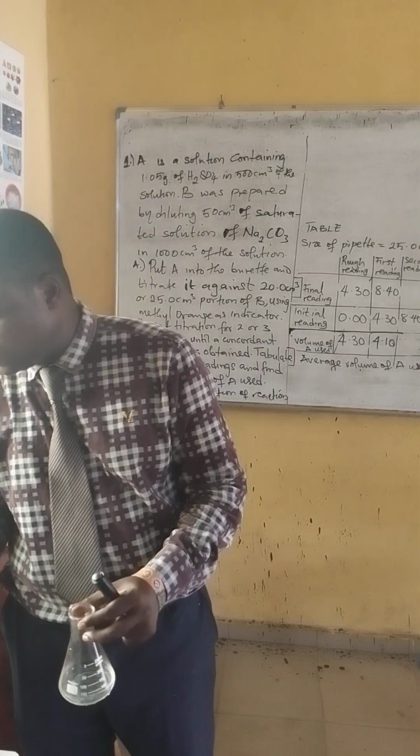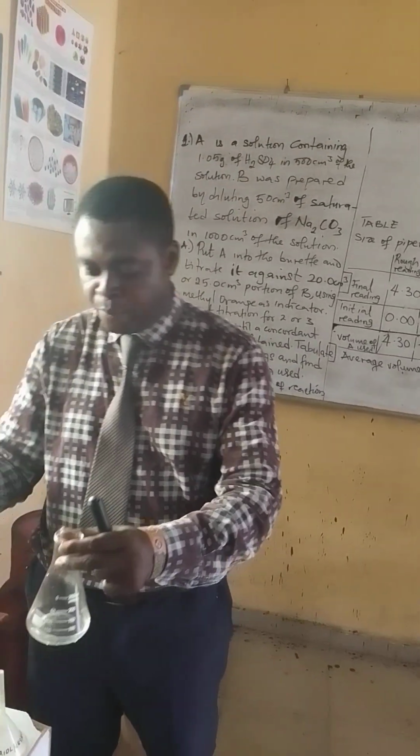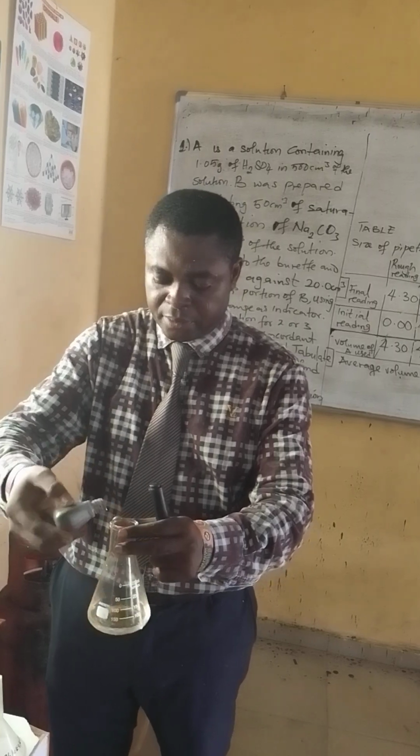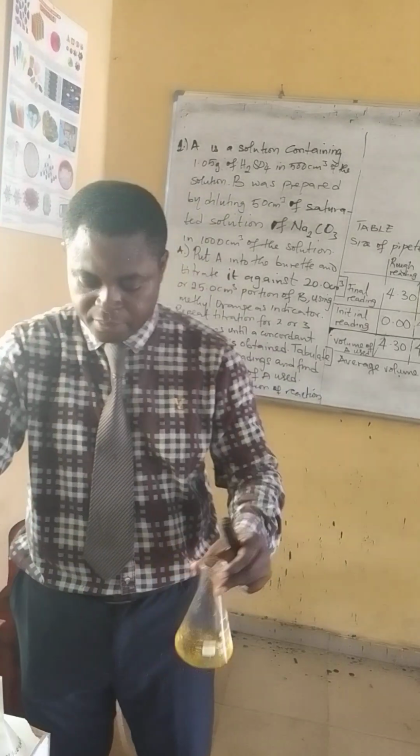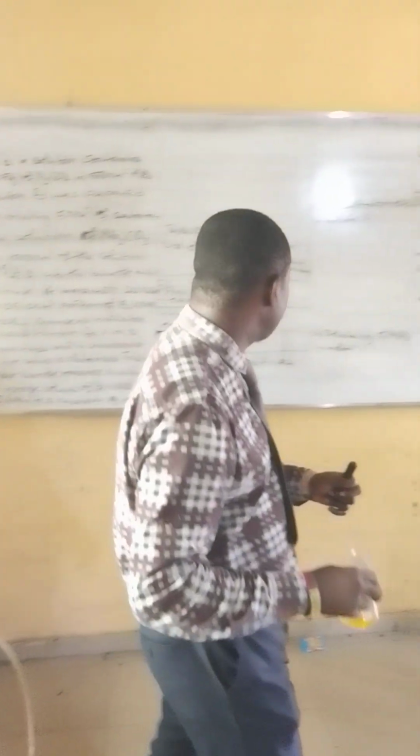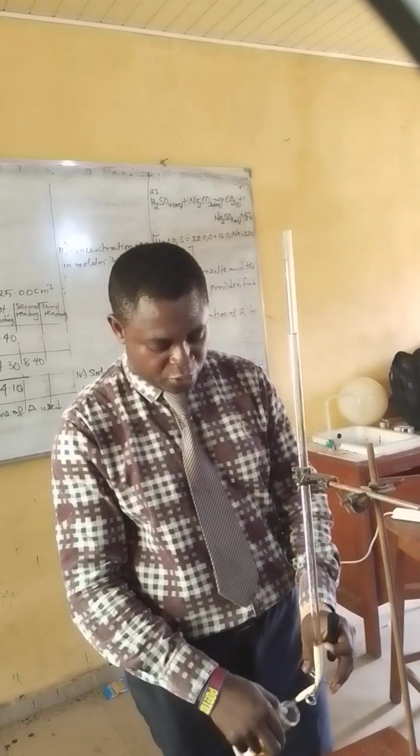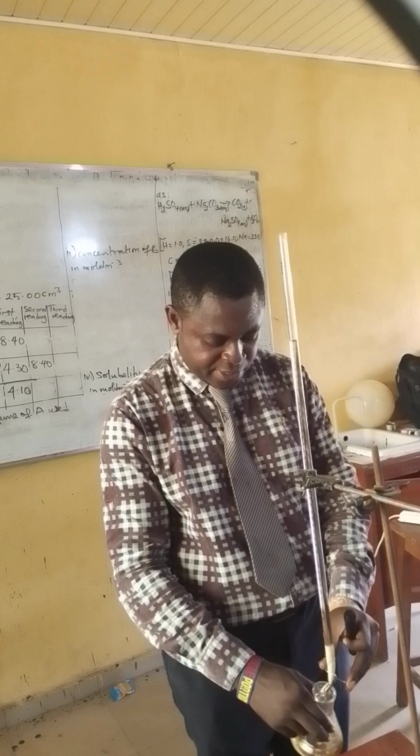Then having done that, I put my methyl orange. So you can have the idea of where your color will change. Around 12 point something, I'm expecting the color to change.